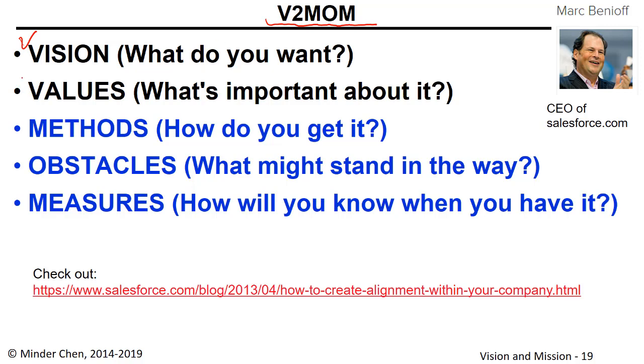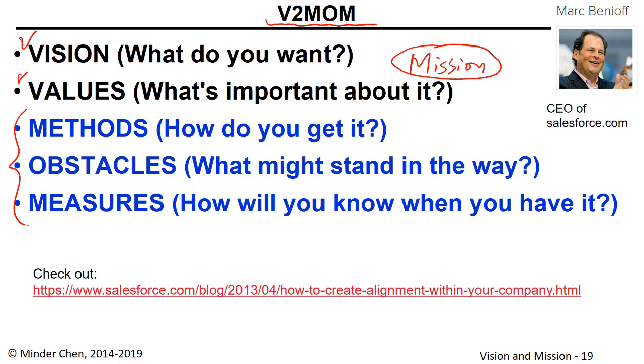V2 just means double V, vision and values. So we do have values, we have mission, but in their methodology mission is not included. Vision is defined as what do you want, and values are what's important about it for your organization. The next three items really try to implement the vision.